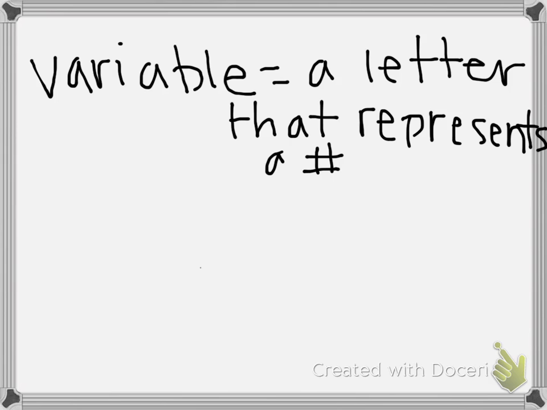Now, an algebraic expression is a mathematical phrase with at least one variable. So an example of that would be 5 plus n, with my variable being my n. Okay, so keep those two vocabulary words in mind.